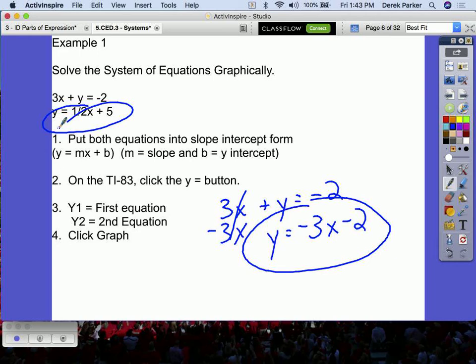The easiest way on a graphing calculator to find the solution is click second graph, and you will have a table. So now let's scroll down through there and let's find our answer. Our answer is where y1 and y2 are the same. In this problem, this graph intersects at negative 2, 4.